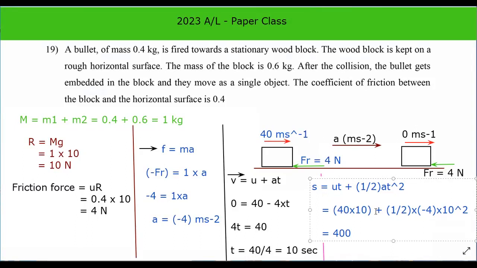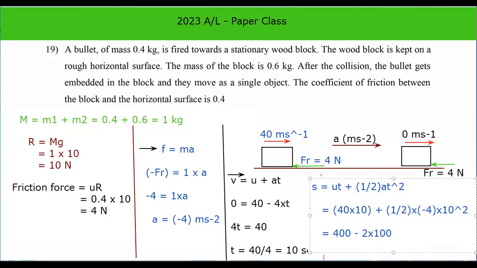Here you see this positive sign should be multiplied with the minus sign, that is plus into minus gives minus. And here 4 is there, half is there. Half into 4 means 4 divided by 2, which is 2, into the square of 10, which is 100.